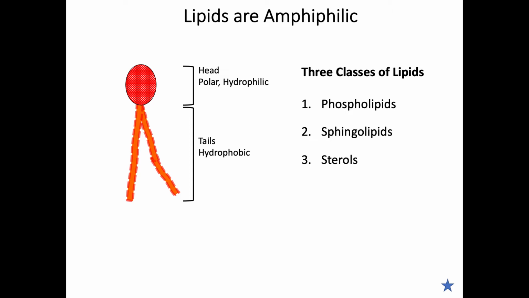So the head group is polar, which could be either charged or uncharged, but it's polar. Polar means that it will always interact with a polar solvent. Water is the classic example.